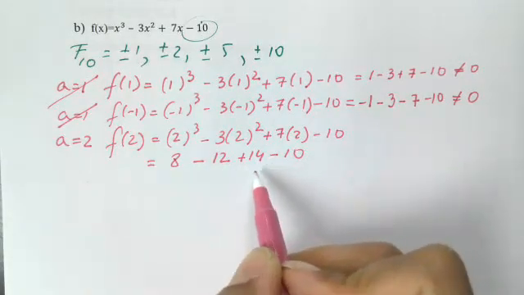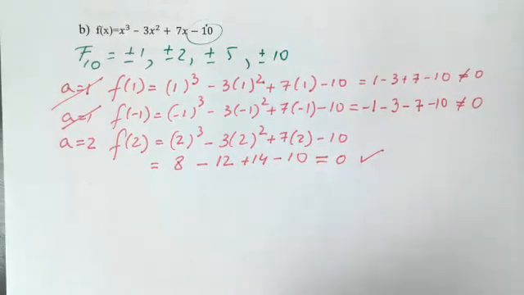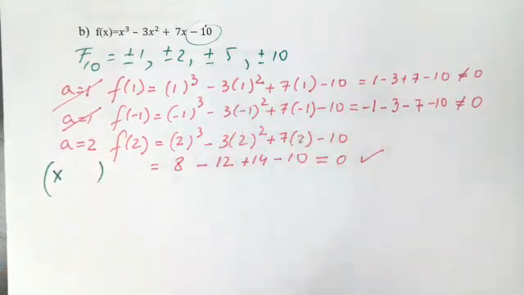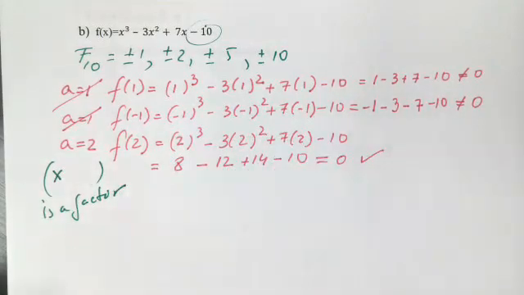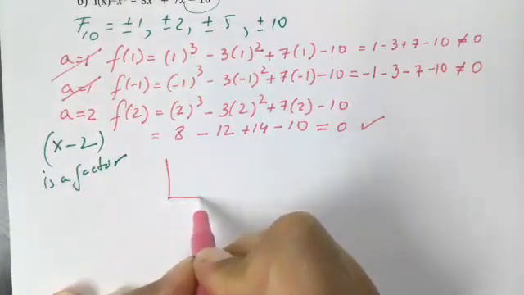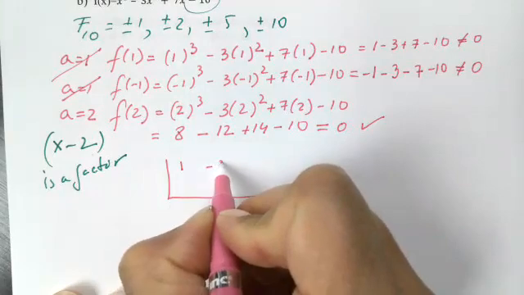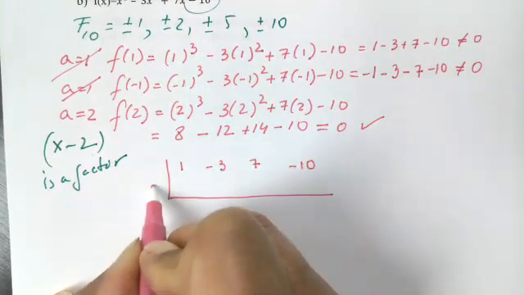This is close. So we have 22, -22. So this one equals 0. Meaning x, what is our factor? x minus 2, you got it. Synthetic division: 1, -3, 7, -10, and then 2.